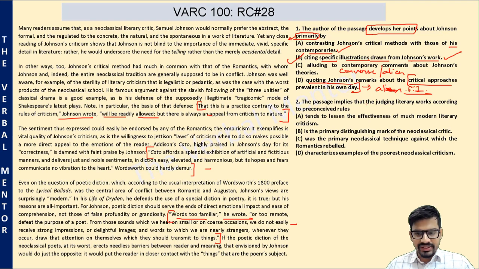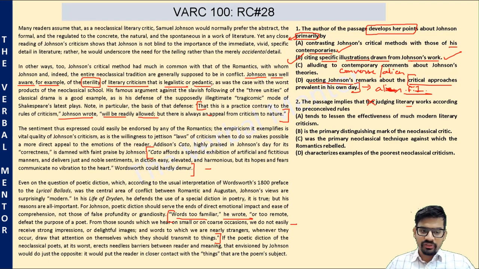Question 2. The passage implies that judging literary works according to preconceived rules is what? Now, please note, the author says in the second paragraph, Johnson was well aware, for example, of the sterility of literary criticism that is legalistic or pedantic in nature.